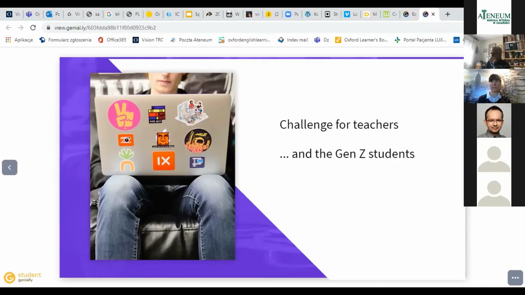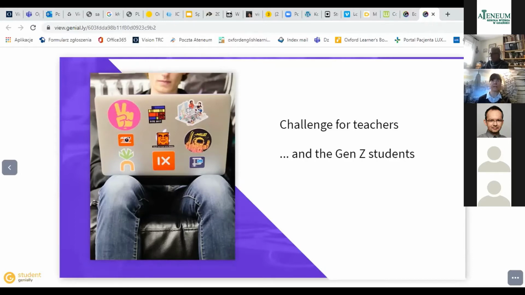How about students? We all think that, okay, they are representatives of Generation Z, they are the digital natives, they are supposed to find the virtual classroom a friendly environment. However, it appeared that it was a false pre-assumption. Many students did not cope successfully with technical obstacles they encountered.